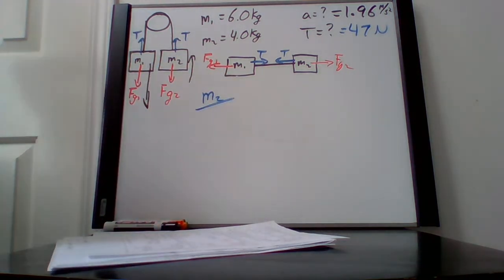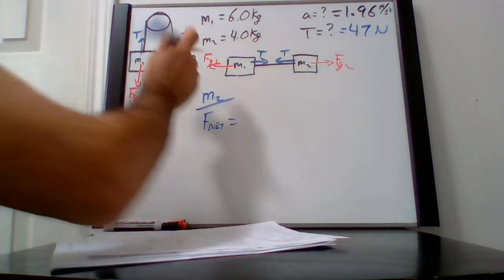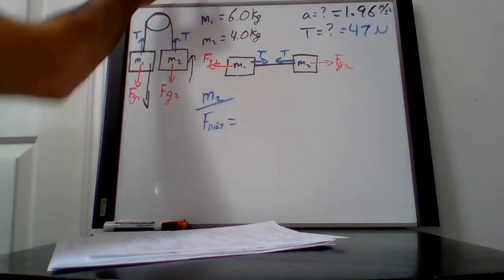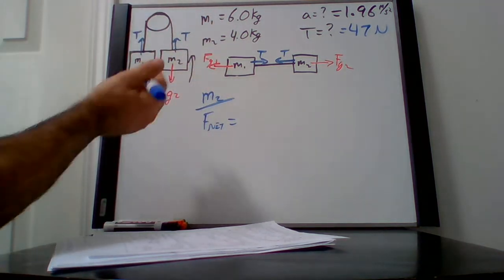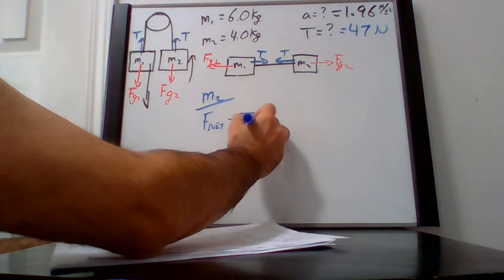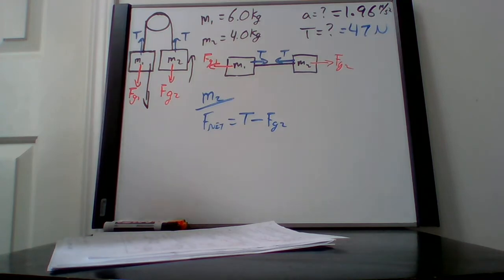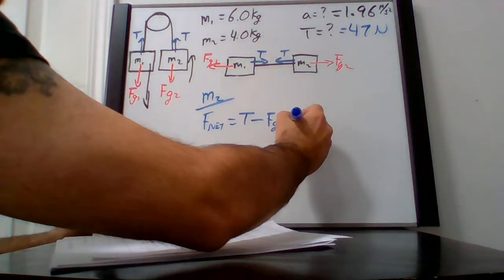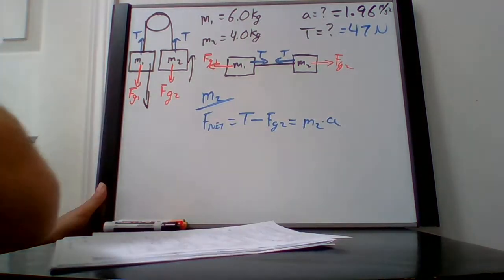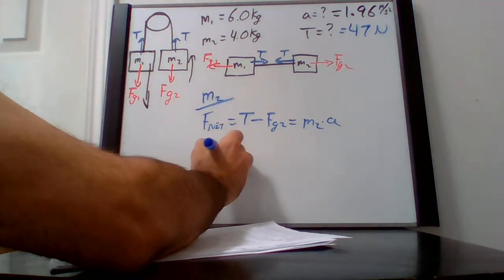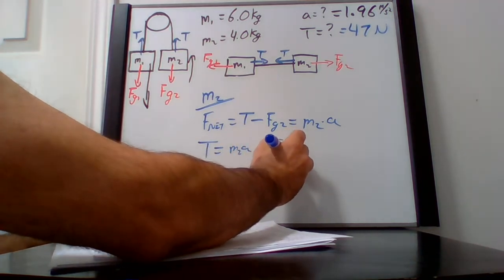Okay, so for M2, we are looking at F net is equal to. Now, we know this is accelerating upwards because we found that the M1 is going to go down, M2 is going to go up. So that means that we're going to take our tension minus Fg2. So if I rearrange, and that is equal, F net again is M2 times A. And so if I want to rearrange this, I can say that tension is then going to be M2A plus Fg2.